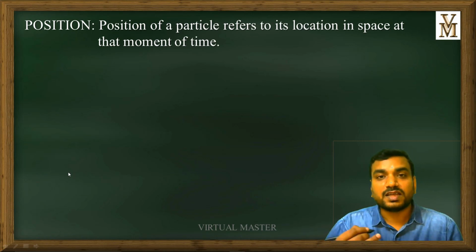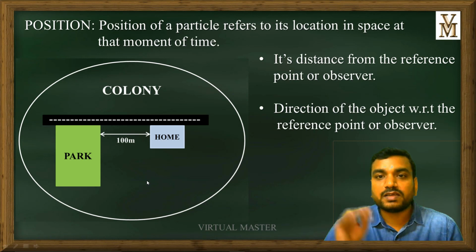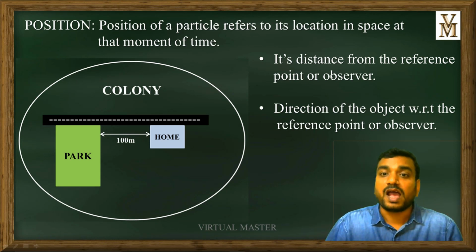Now the question arises, how to describe the position of a particle? To describe the position of a particle, we need one reference point, and also we need the distance of the particle from the reference point as well as the direction of the particle from the reference point.